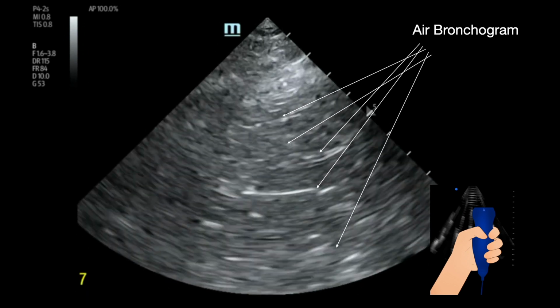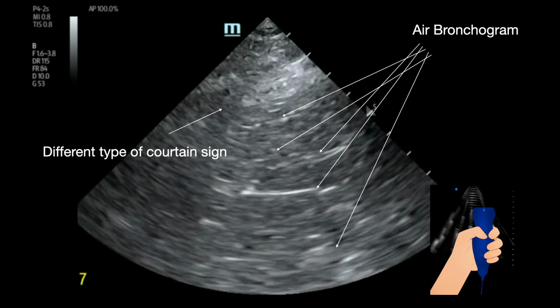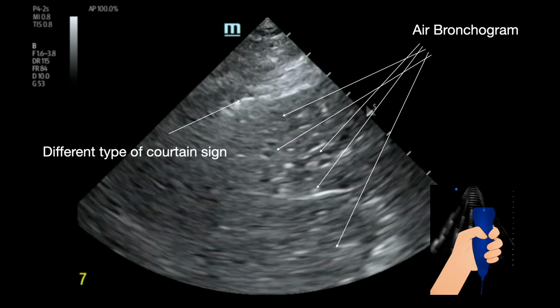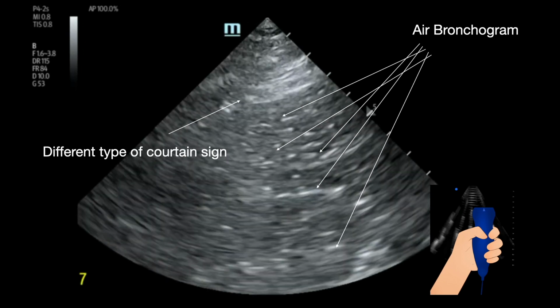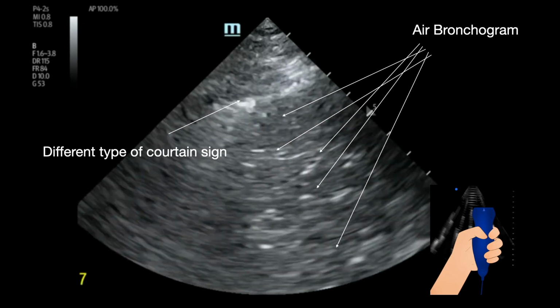We can also see a different type of curtain sign, and this is because we have a lobe of the lung affected, whereas the other part of the lung is not affected, and you cannot see air bronchogram on the other side.